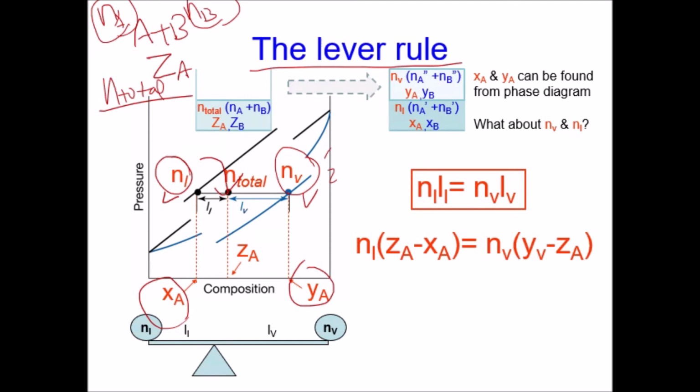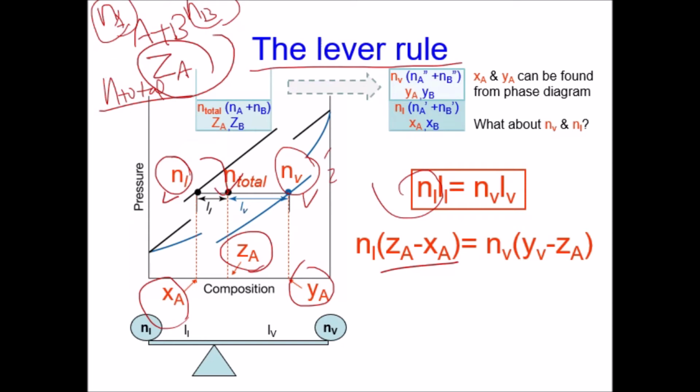The result is that the number of moles in the liquid phase, NL, times ZA minus XA. ZA is the mole fraction you initially made, so that's here. When you make this mixture, you can call it the total composition.